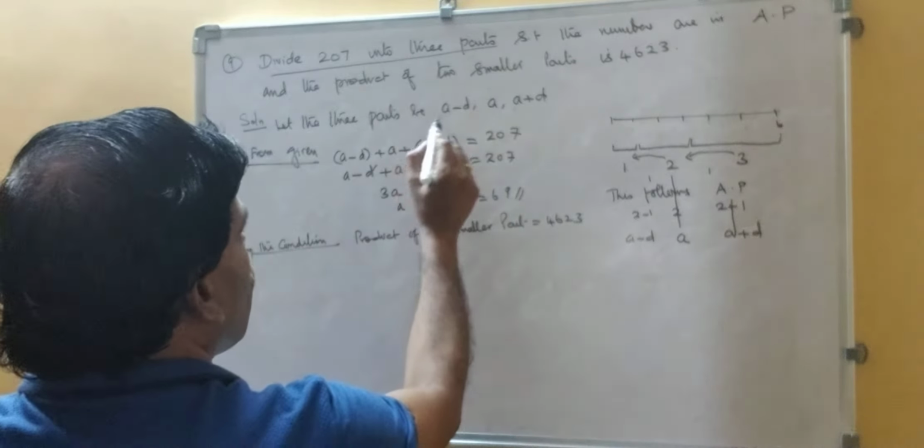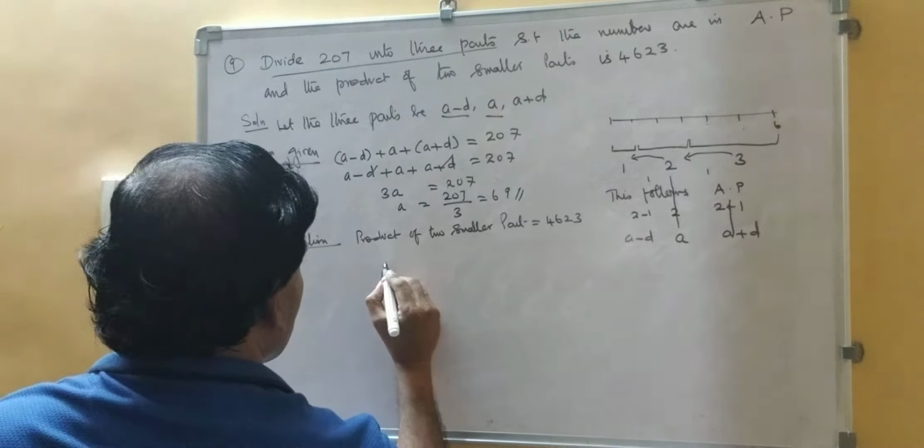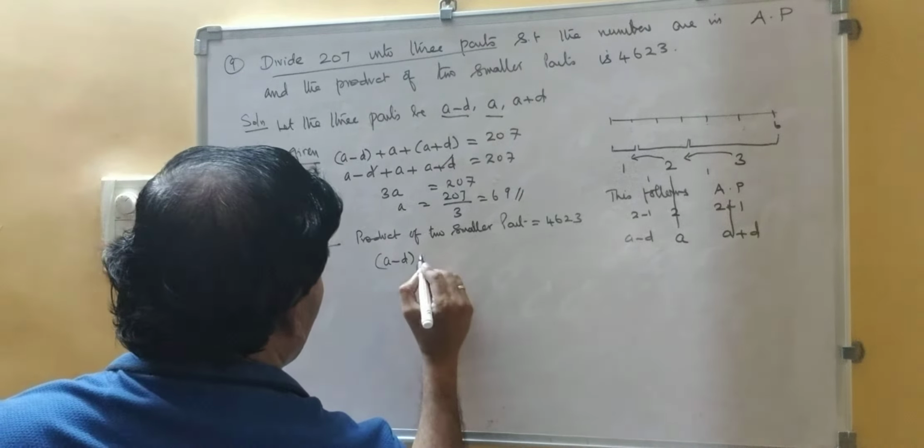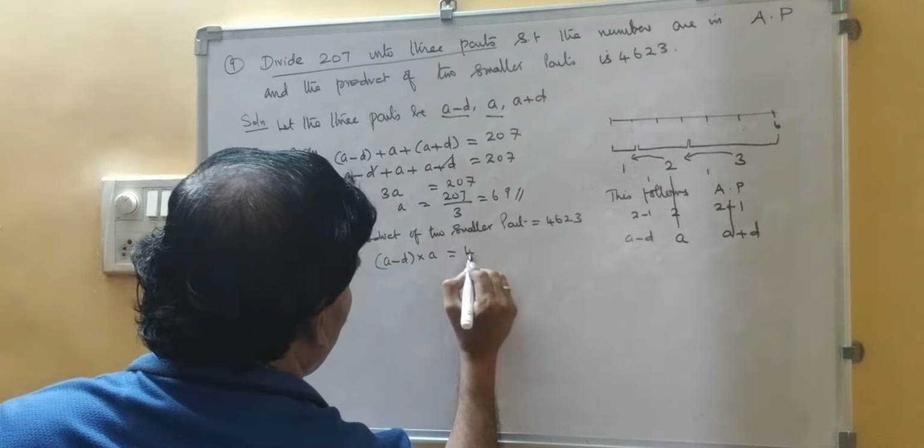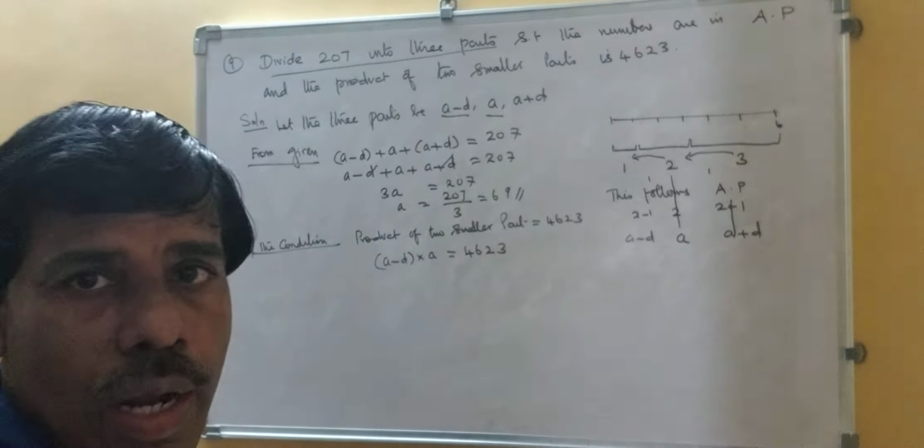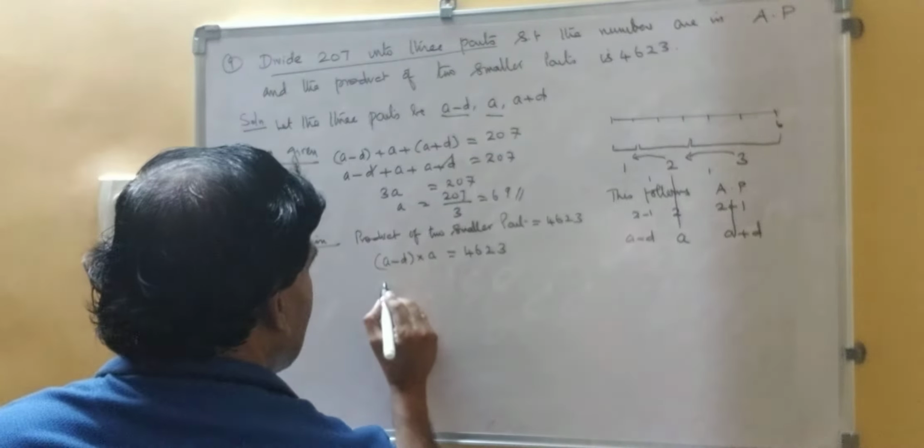What is the smaller number? This and this. So, (A minus D) into A equal to 4623. Followed or not? So, what is A?